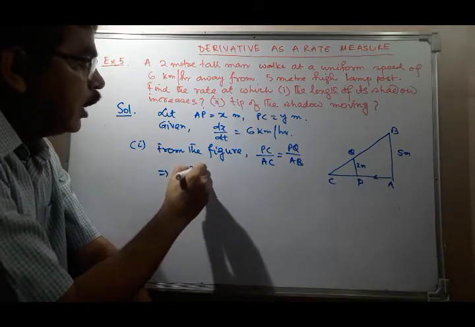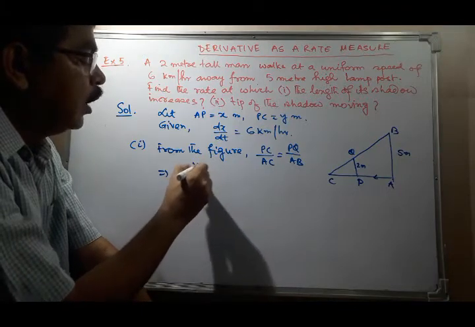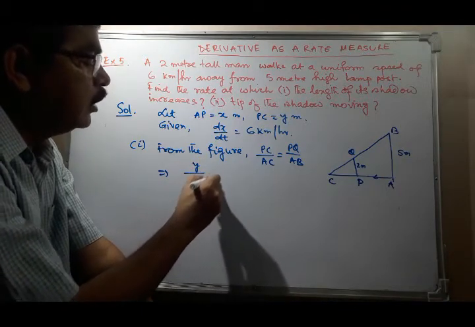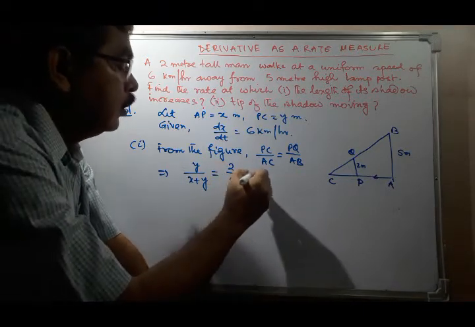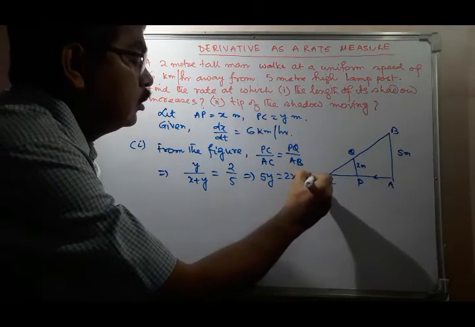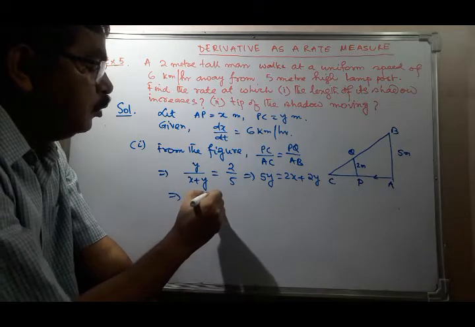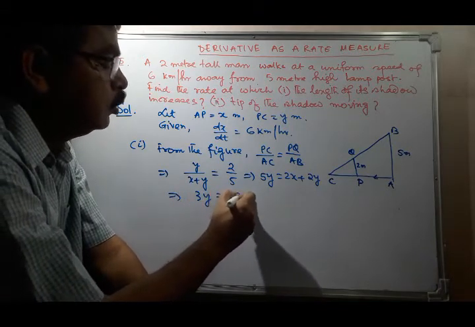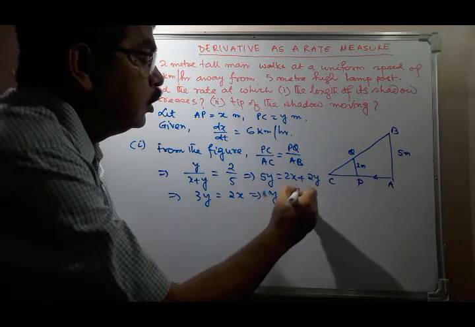PC we have taken as y. So y by x plus y equals 2 by 5. That is 5y equals 2x plus 2y. It means 3y equals 2x. That is y equals 2/3 x.